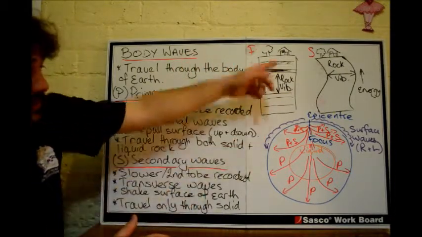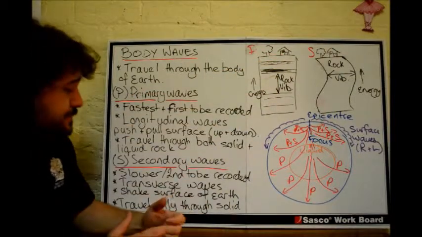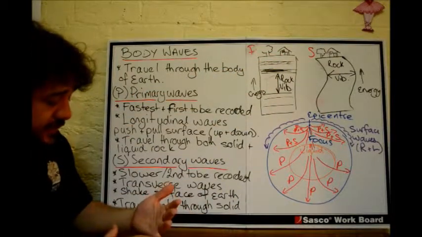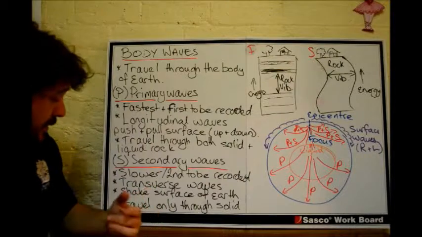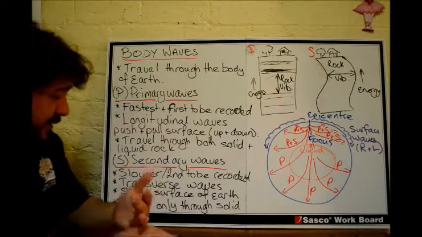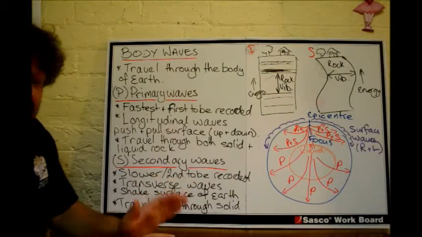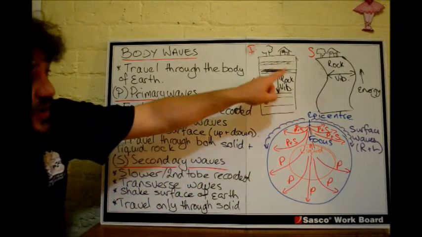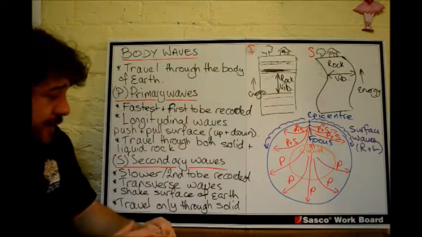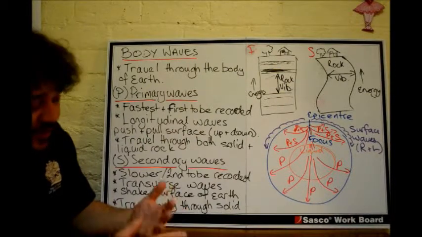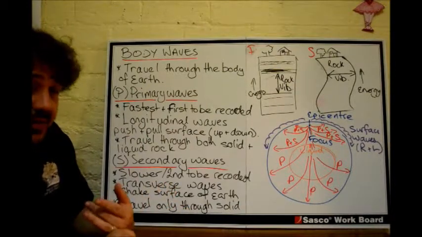Okay, the house up there. So secondary waves are slower, and therefore the second one to turn up. They're a transverse wave, and hence that sort of shape in the rock. They shake the Earth, and they only travel through solid.